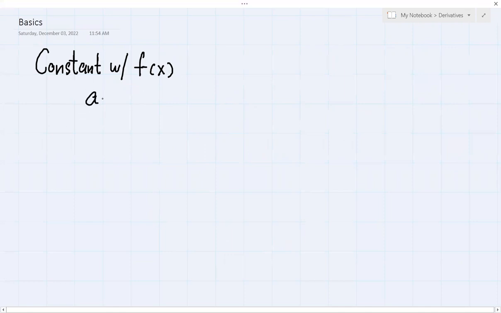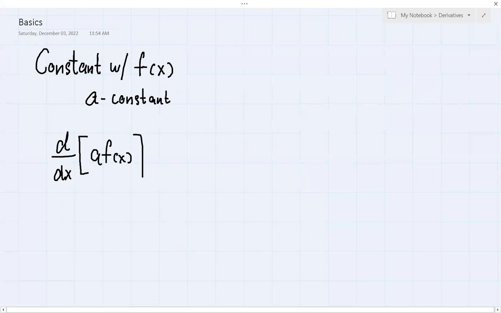So again, let A be a constant. So, syempre, kapag constant with function, ang itsura nito, magiging A times function of X. Ganito itsura niya. Ibig sabihin nun, itong si constant, naging coefficient siya ng function given. So, anong gagawin natin dito?